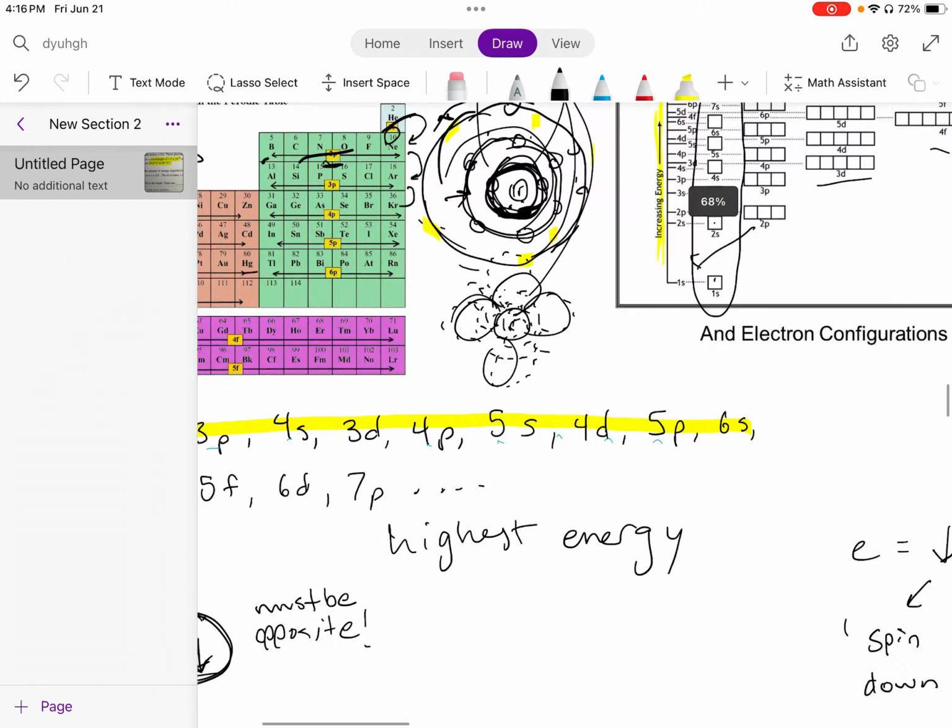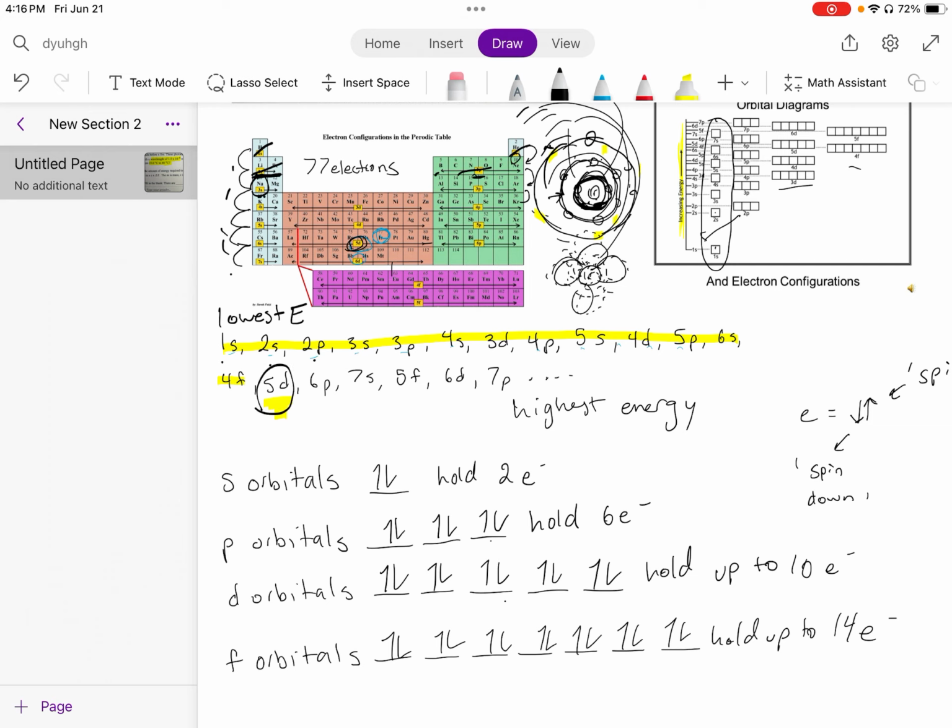So, because we're dealing with super big iridium with 77 electrons, and it's in the 5D, we know 5D is right here. So we know that all this will be full. So the 2 here, and then it's going to be here, and then the 3s here, and yeah.